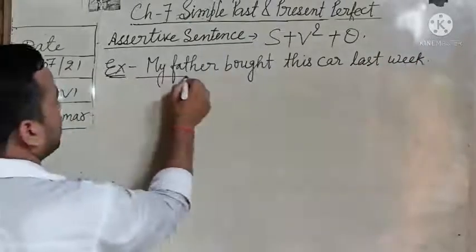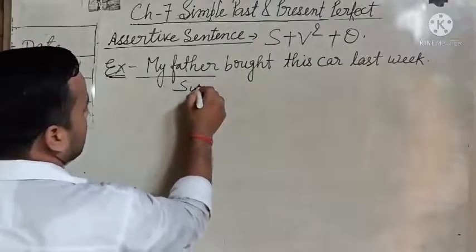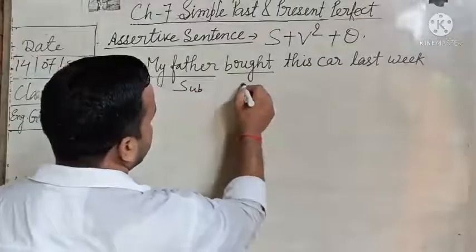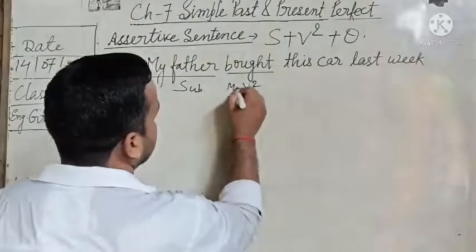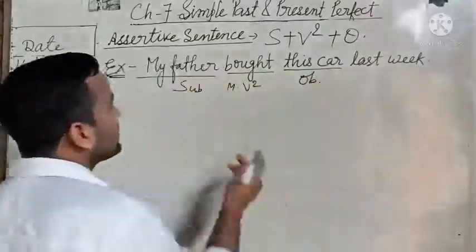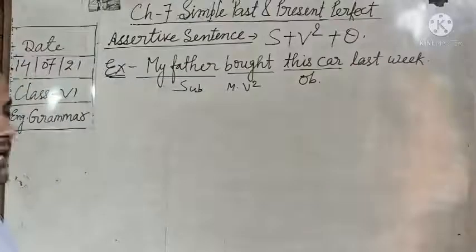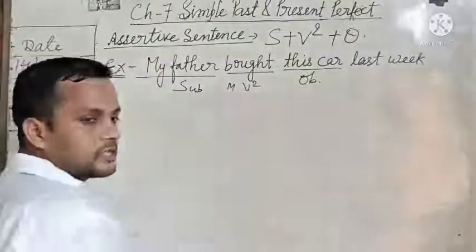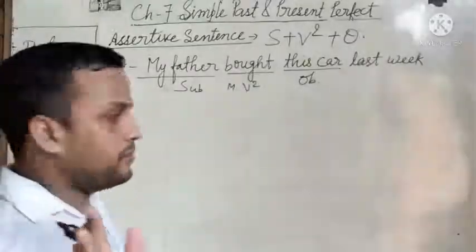My father is the subject, bought is the main verb second form, and this car is the object. Students, the sentence is assertive, that's why we will use the second form of the main verb. Okay?